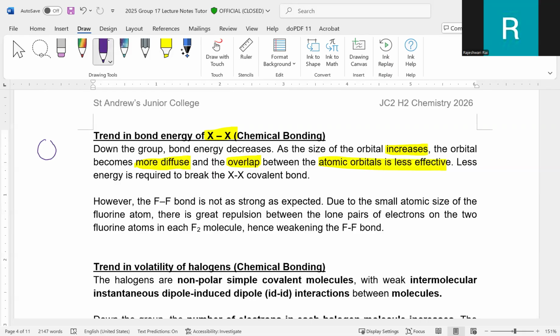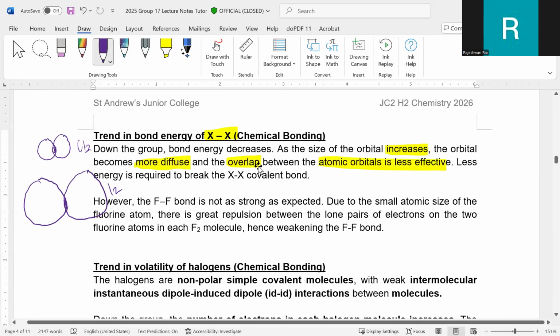So I will look at something small and cute, like say the chlorine, versus something a lot larger. And it's noticed that there's a much smaller overlap between the iodine atoms. The FF bond, however, is not as strong as expected because the fluorine is a very small atom.